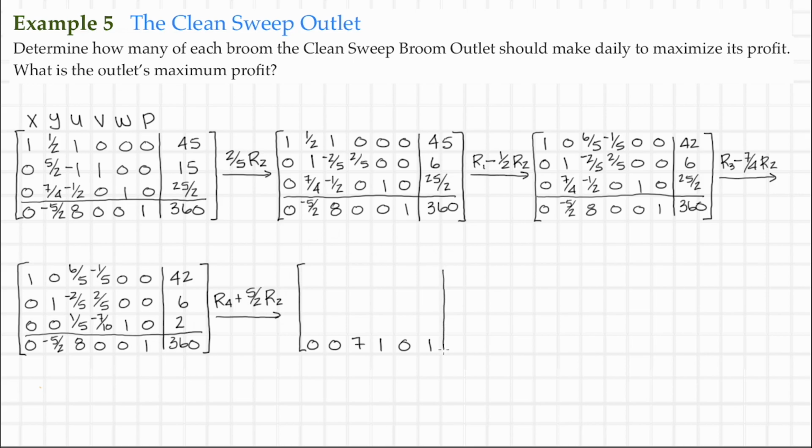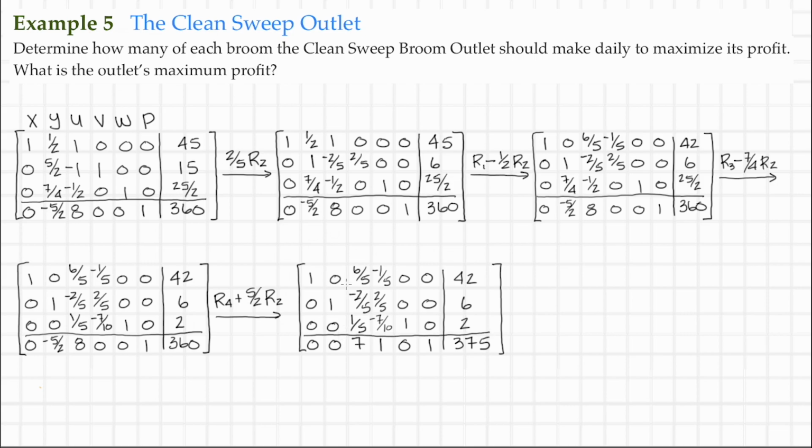Bring down our vertical line. 6 times 5 halves, that's 15. And 360 plus 15, that's 375. Close off the bracket, and we fill in the rest. Put in our horizontal line.